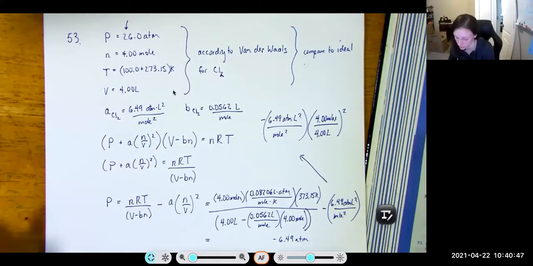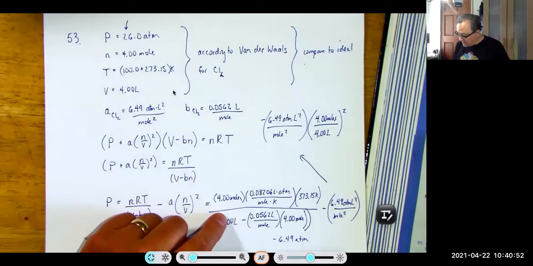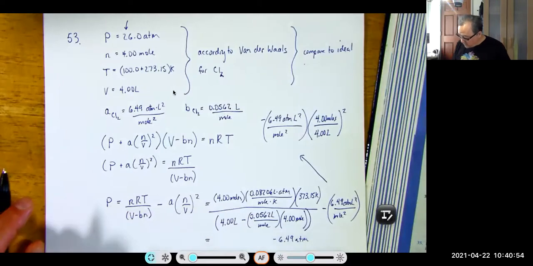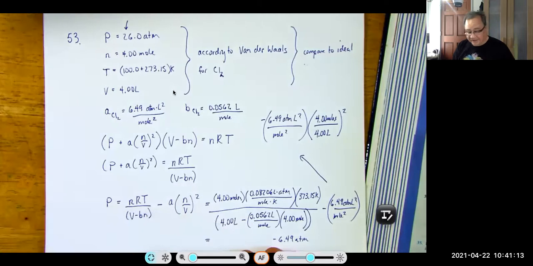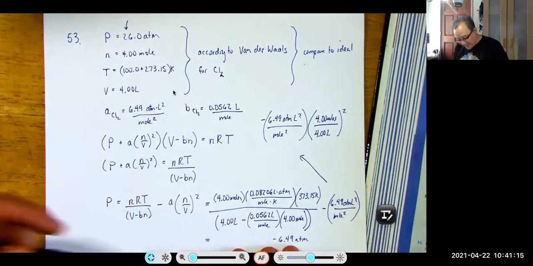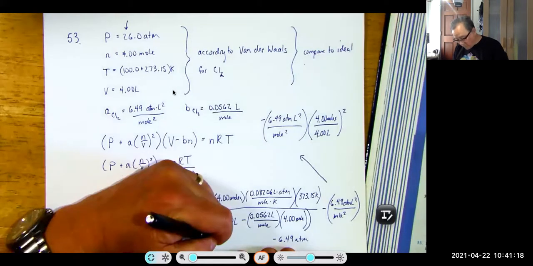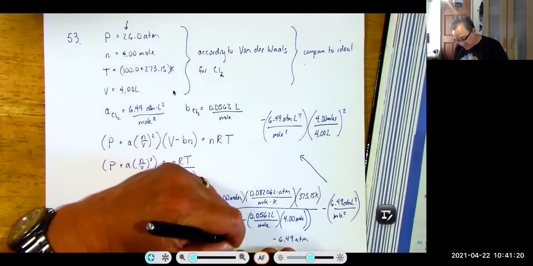Okay. Now I'm going to go ahead and use all these numbers. I'm going to say 4 times 0.08206 times 373.15, and then divided by that 0.377 or whatever it was. And I get 32.444 atmospheres.